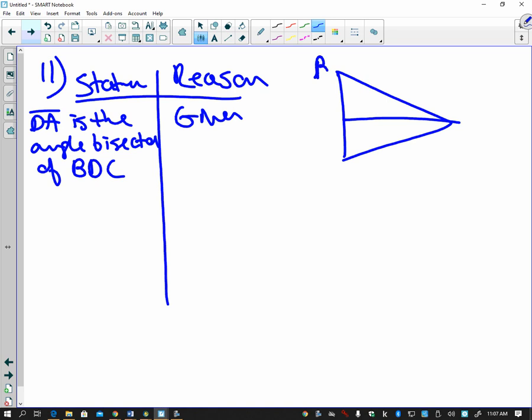I got B, A, C, and D. So what they tell me is that DA is bisecting BDC, this right here. Before I list the other given, what I'm probably going to say is that angle BDA is congruent to angle CDA.